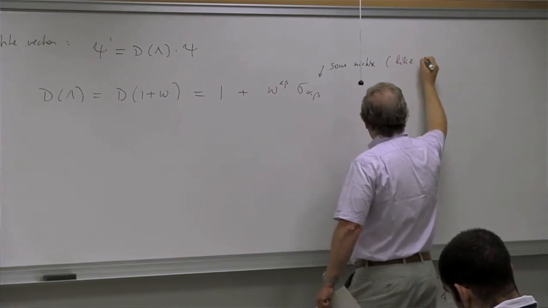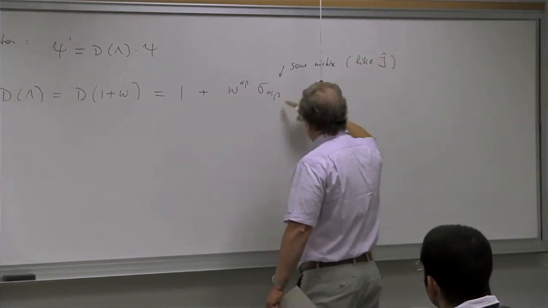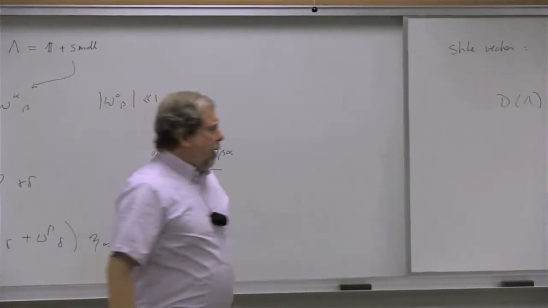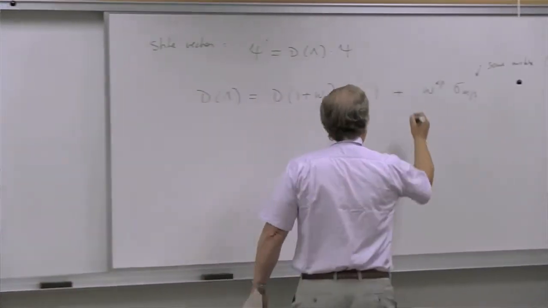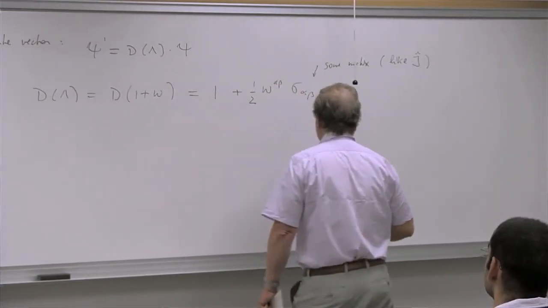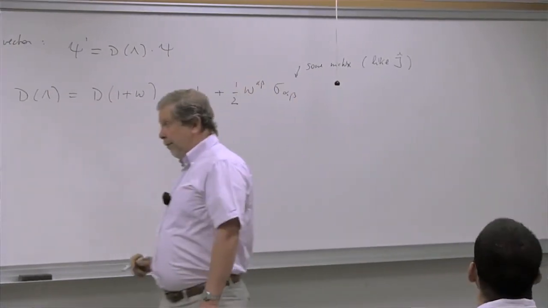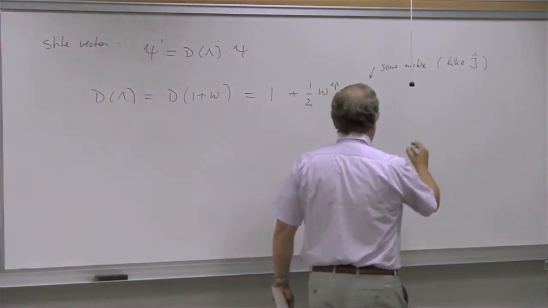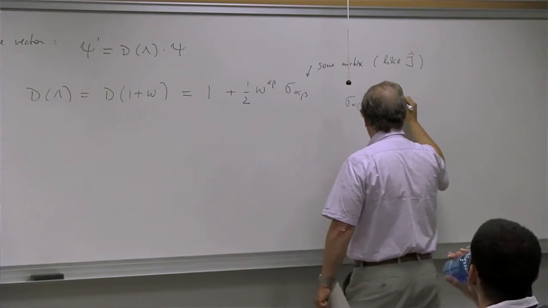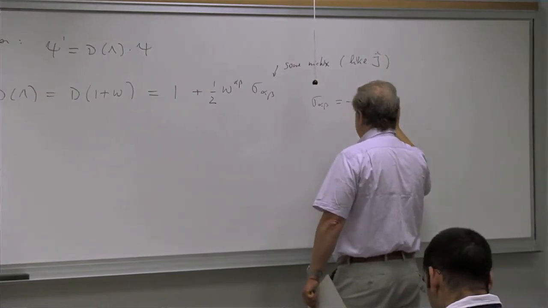So the sigma is like the J. And times 1/2, because omega alpha beta is antisymmetric, and we're going to pick the sigma alpha beta also to be antisymmetric, so sigma alpha beta is minus sigma beta alpha.